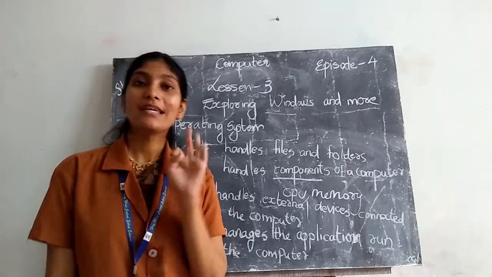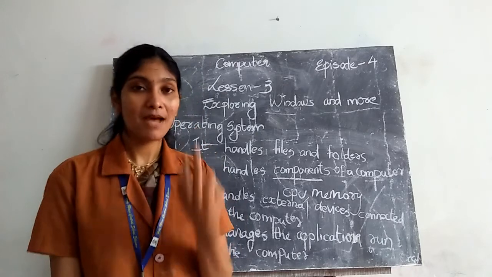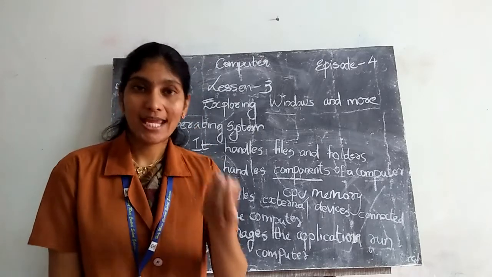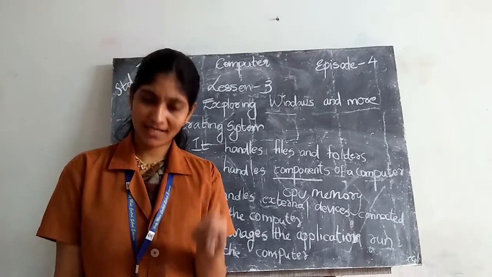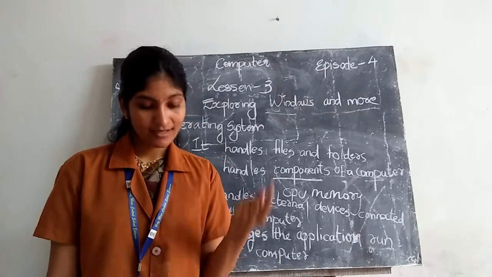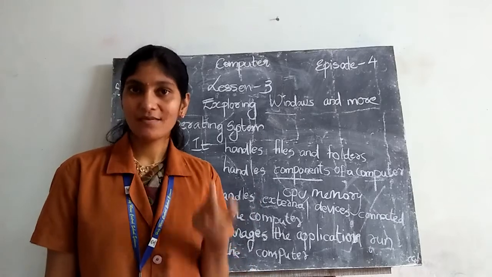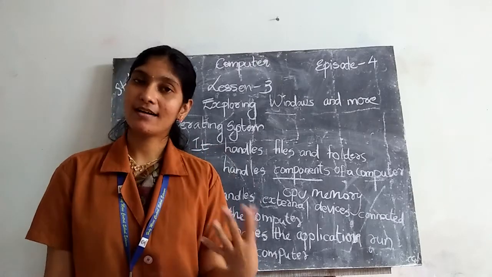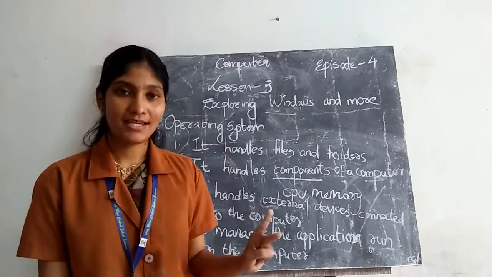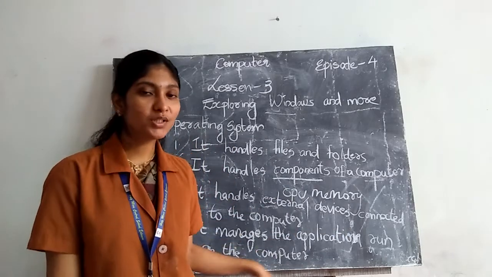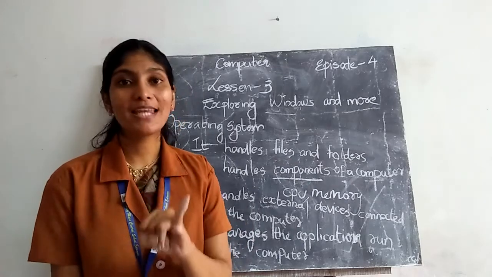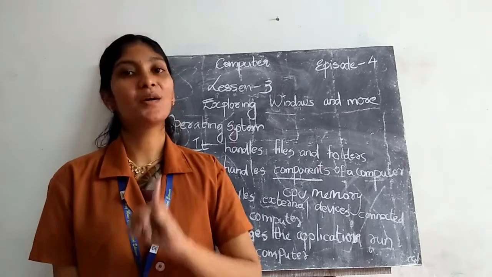Then third point, it manages or handles the external devices connected to the computer. Printer, scanner or CD drive, etc. Those are external devices connected to the computer. And fourth one, it manages the application run on the computer.